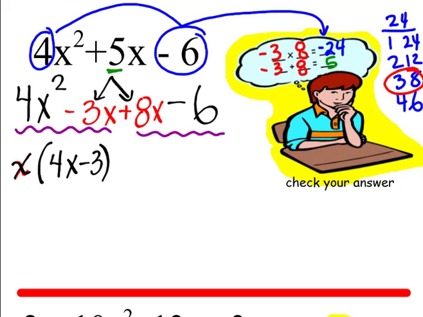So I did a greatest common factor of x. Now, on the other side, I have 8x take away 6. The greatest common factor I have there is a positive 2. 8x divided by 2 is 4x, and negative 6 divided by 2 is negative 3.